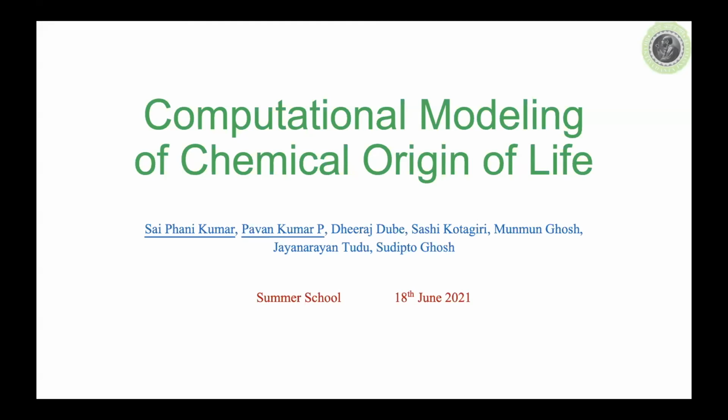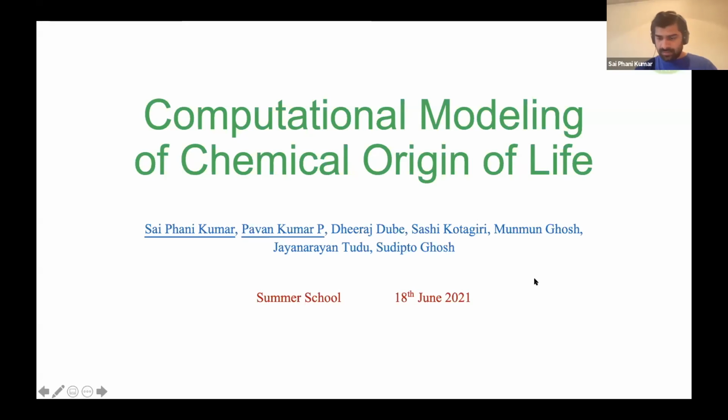As human beings, as living beings, everybody should question, how did life originate on this earth? For the past several decades, many scientists and spiritualists and Vedantists have been trying to find the answers for this question.